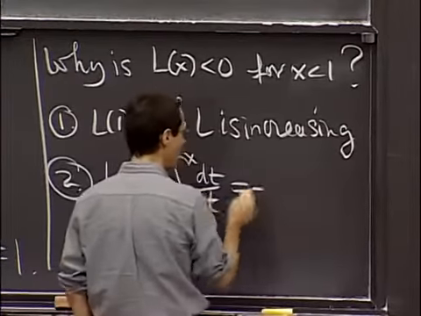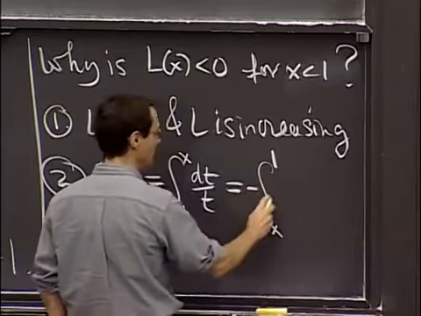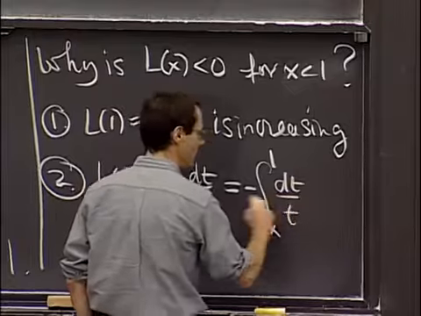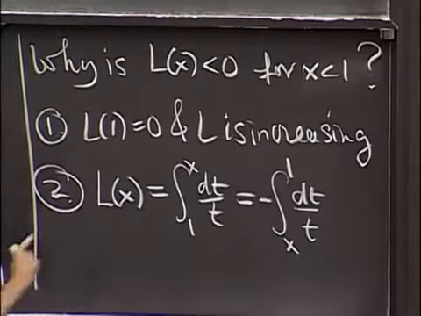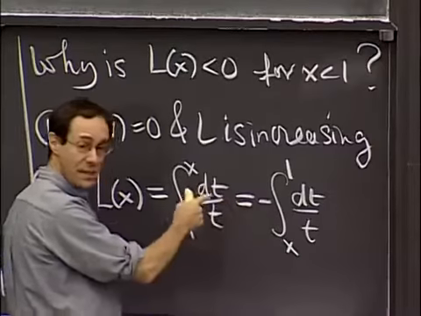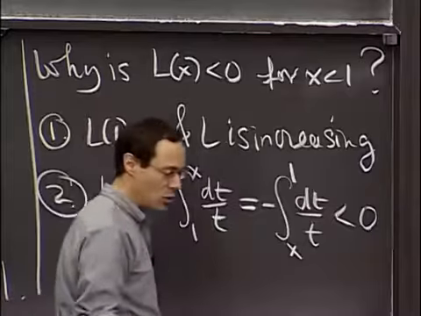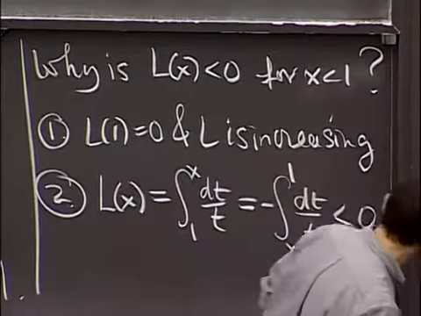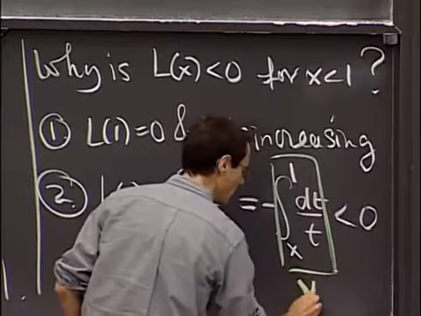This is the same, by our properties of integrals, as minus the integral from x to 1 of dt over t. Now, I can tell that this quantity is negative, and the reason is that this piece of it is a positive number.